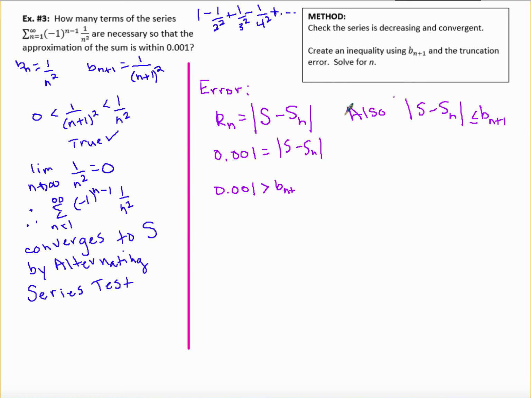Because remember, if the difference between the sums is less than or equal to b sub n plus 1, then the error is also less than b sub n plus 1. And what we want is b sub n plus 1 to be smaller than that if we're going to keep this within this error range. I know that that can be confusing, but we need this error to be less than 0.001.